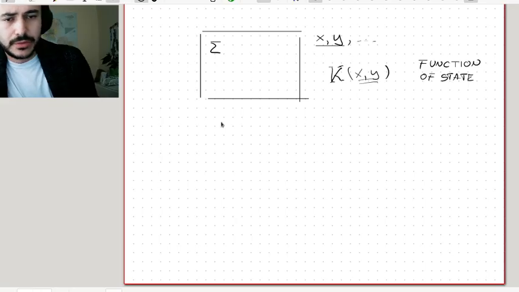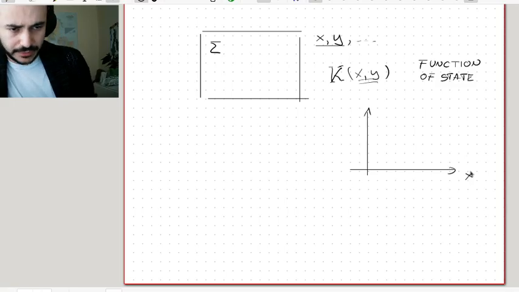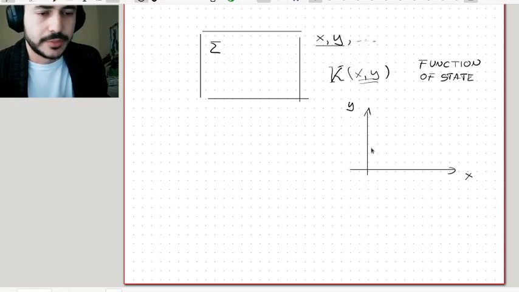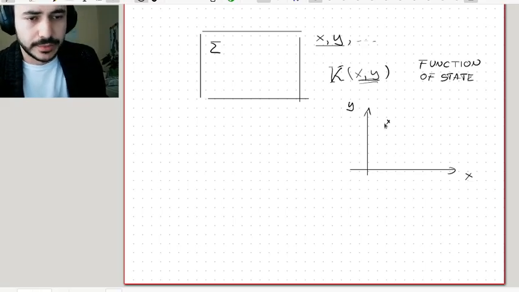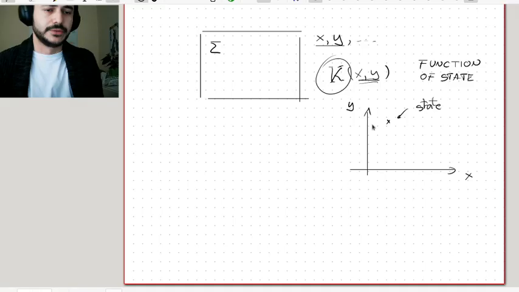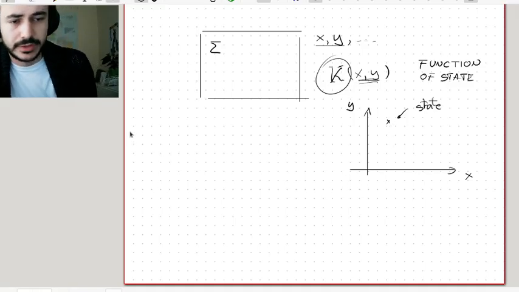Because you know that if you then represent the equilibrium states of the system, you would do it in the xy instead of the Vp representation, and any point here, which would be x and y, is a state of equilibrium. So if I give you a state of equilibrium of the system, then the function takes on some value. So the value of the function depends on the state you are in.